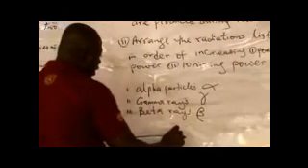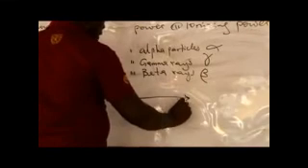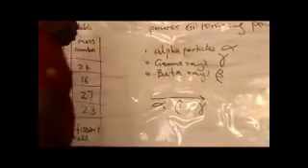The gamma rays have the highest penetrating power, followed by beta, followed by alpha. So in increasing order, alpha has the lowest penetrating power, followed by beta, and followed by gamma.